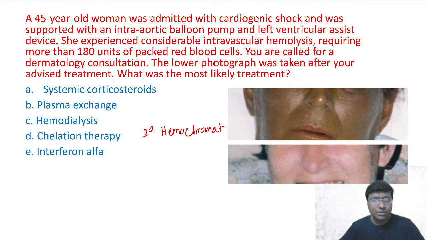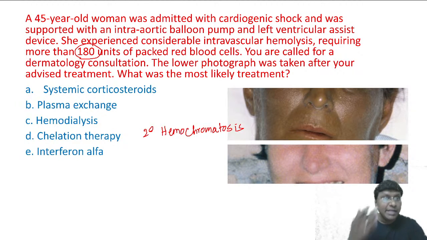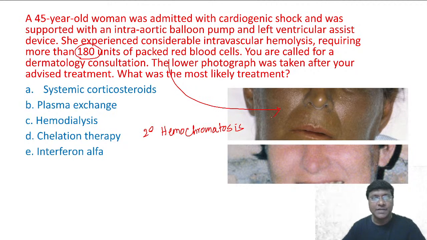Yes. The underlying cause for the secondary hemochromatosis is 180 units of packed red cells that have been infused in the individual. So those 180 units of packed RBC are what caused the development of hemochromatosis within the individual. Okay, so it is a secondary hemochromatosis.